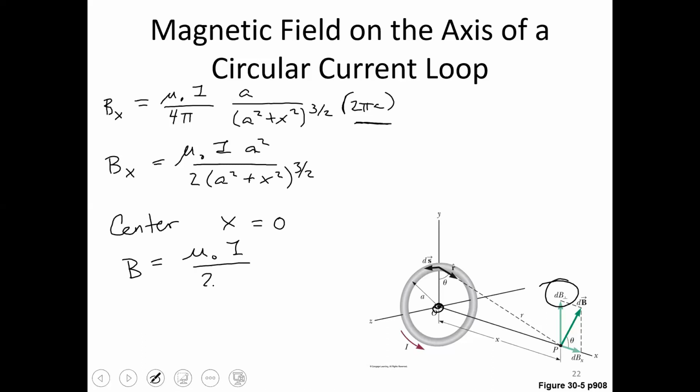That simplifies to 2a to the 3rd, right? So that's at the center of the loop, the magnetic field strength.